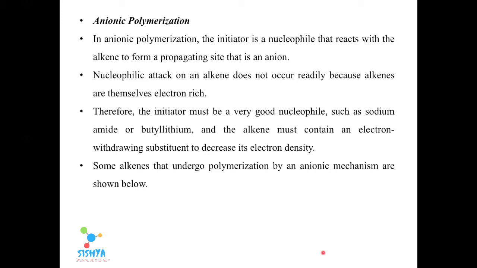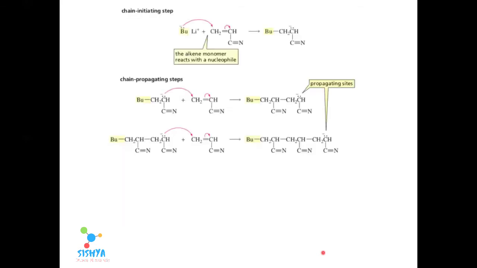Some alkenes that undergo polymerization by an anionic mechanism are shown below. So here it is the same initiation step where the alkene part reacts with an initiator that has an anionic part, when butyl lithium is there.